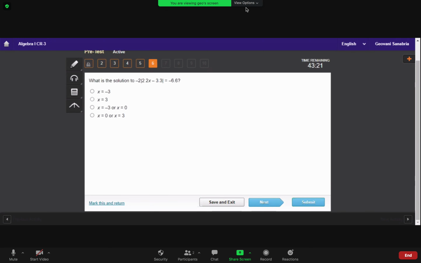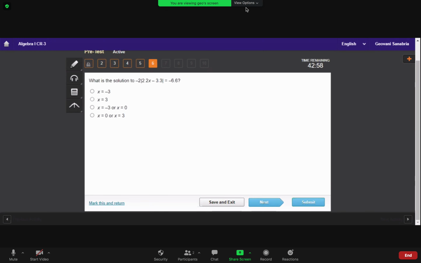Multiply it by -2. Equals negative 19.8. That's what I got. So -3 doesn't work, which means the first answer and the third answer don't work, right? Yeah.